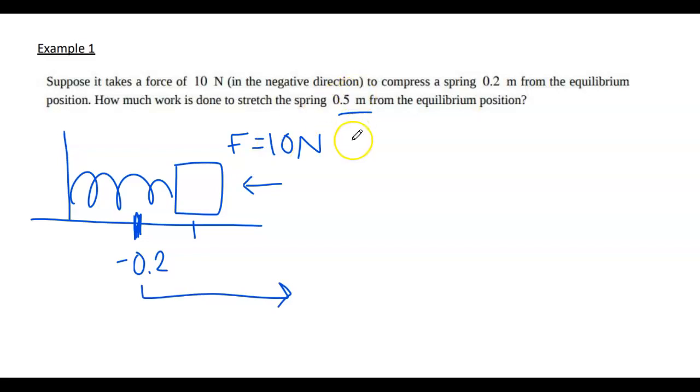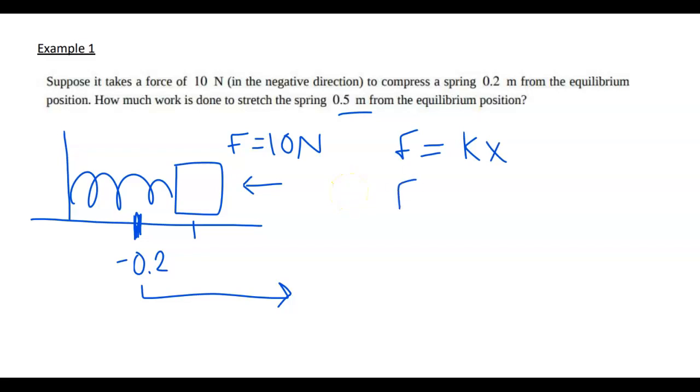Okay, so let's go ahead and think about what we need to do here. The first thing we need to do is find out what the spring constant is. So remember, F is equal to K times x.